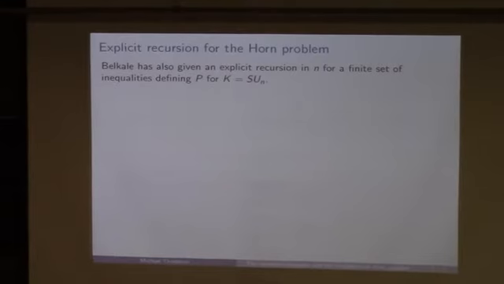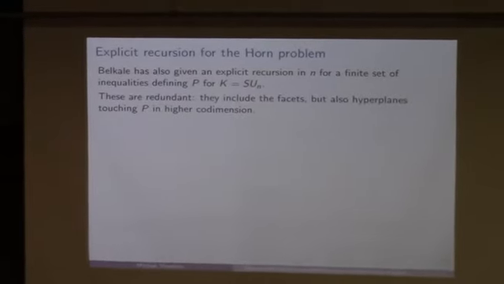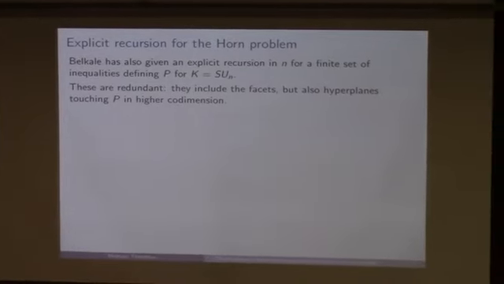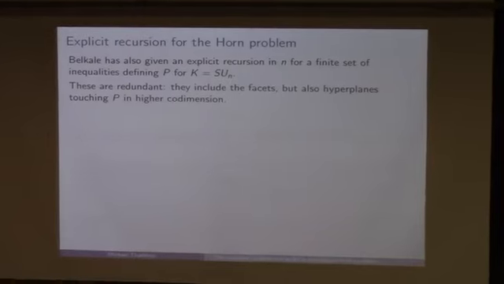It's giving you some kind of explicit inequalities telling you what the facets are. Only, at the present state of the art, this is not perfect. He doesn't know an infallible way of finding all the facets, just some finite set of inequalities that includes the facets, but also some redundant inequalities. Nevertheless, if you want to check that some point is in the polytope, you have a way to do it. You can put it on a computer, which I did.